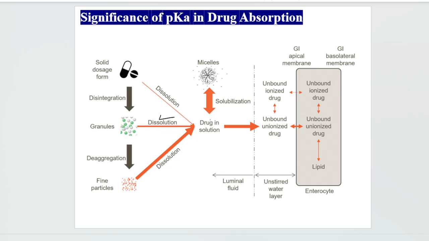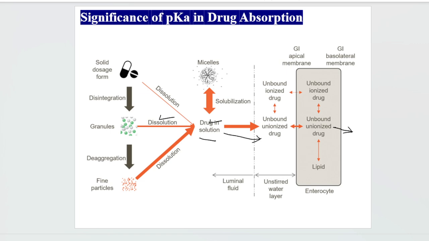After dissolution, the drug becomes available in the form of solution, and once it is in solution, it is the unionized form of the drug that is basically absorbed, and it moves from the GIT into the enterocyte, which means the cells of the small intestine. It is the unbound form of the drug that is available and ready to be distributed into the blood, and then it goes into the liver for the first pass effect.